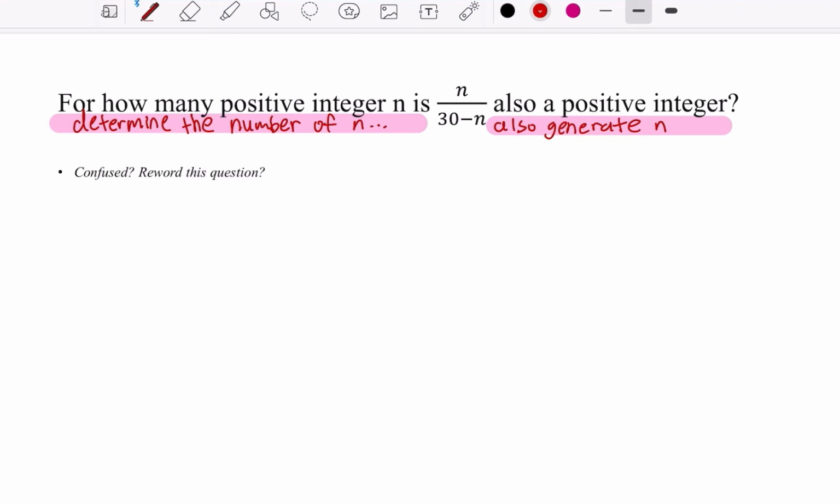I'm not sure if this is still confusing, but it's definitely a revised version of this question. Hopefully, in further analysis, we'll be able to find the conditions and solve the problem.